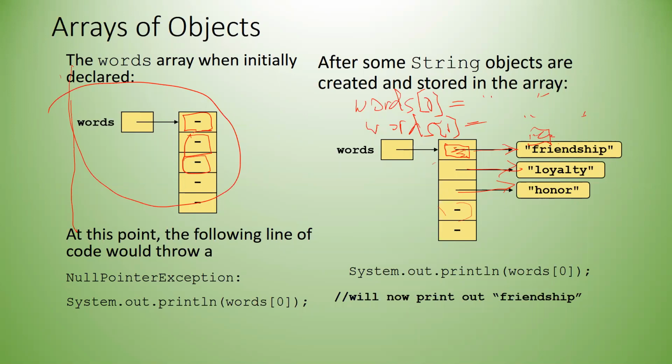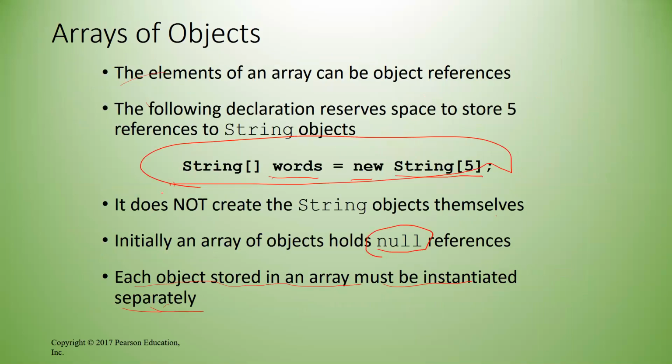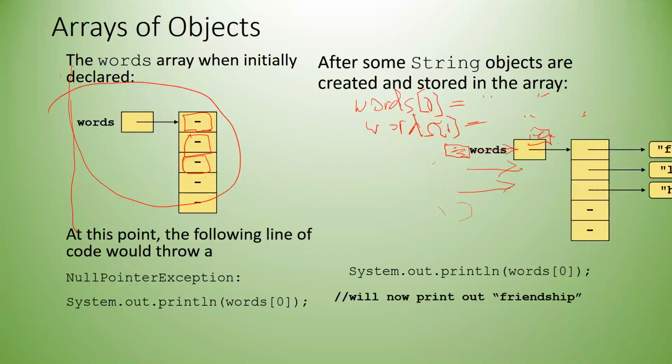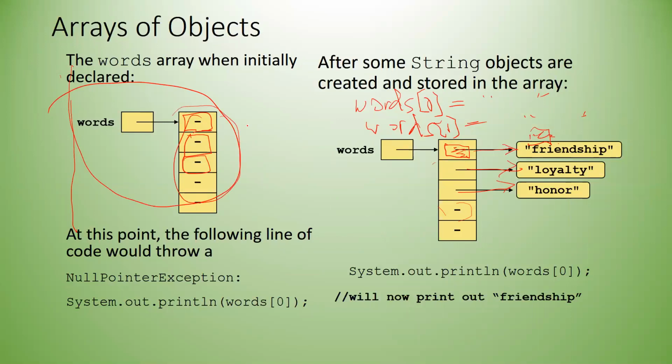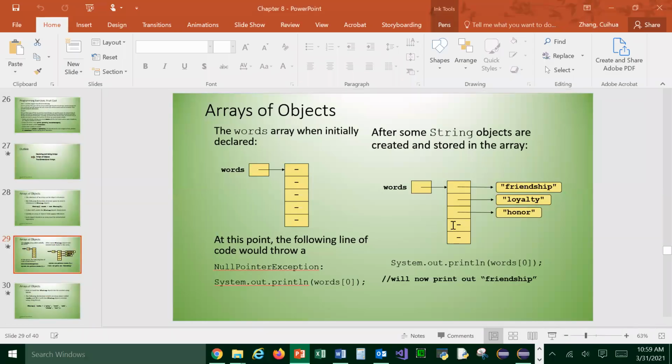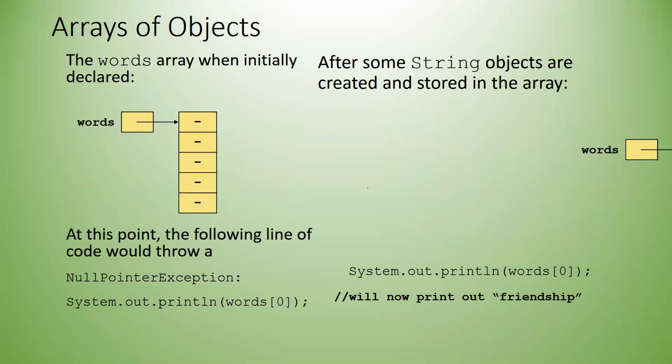Does that make sense? That's what it means when it says each object stored in an array must be instantiated separately. Otherwise it's null. So if you look at this right now, it's null. But if you instantiate 3 objects, you do words[2] equals honor, then [3] and [4] are still empty.